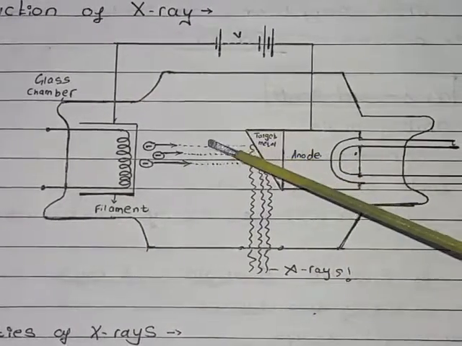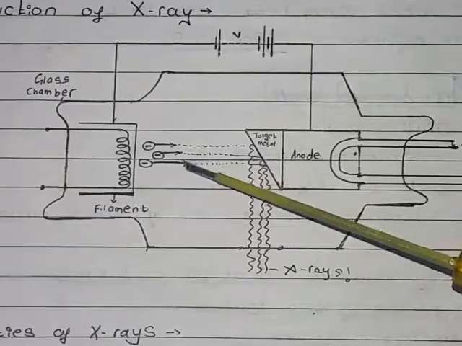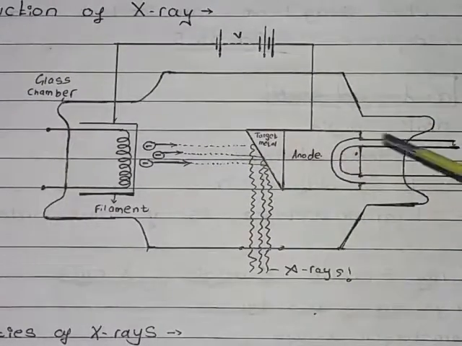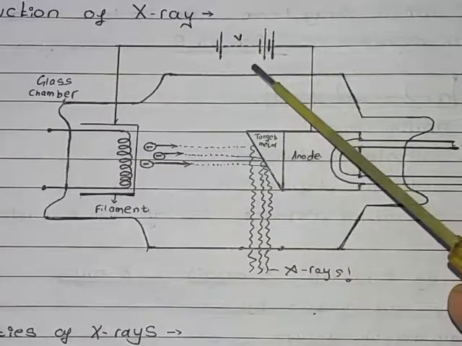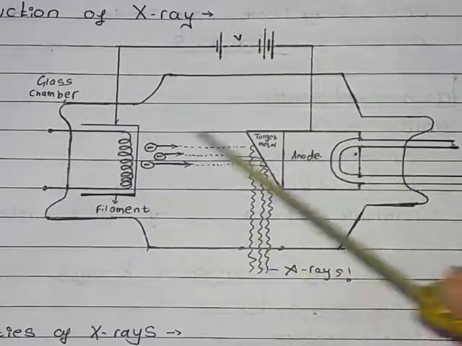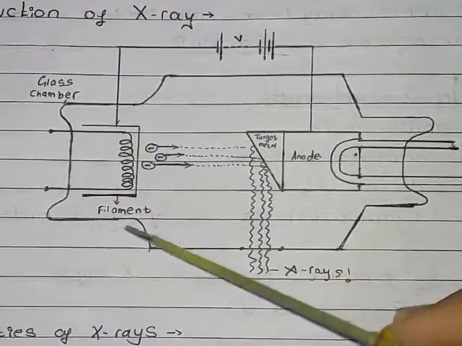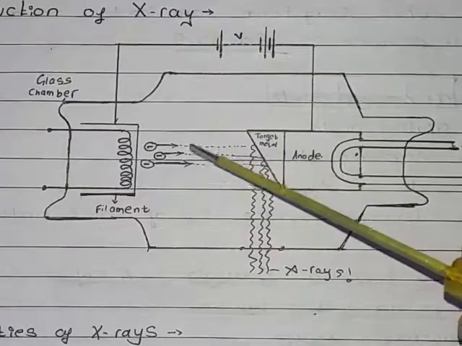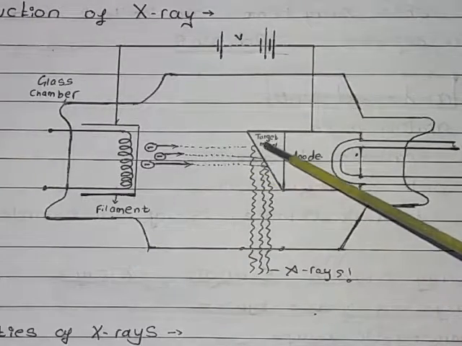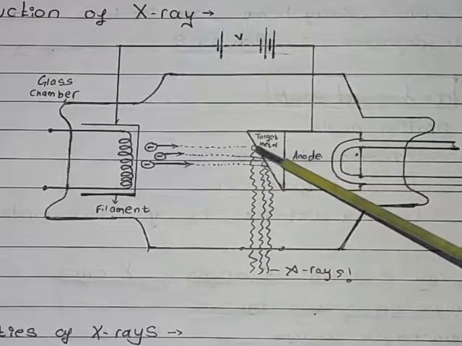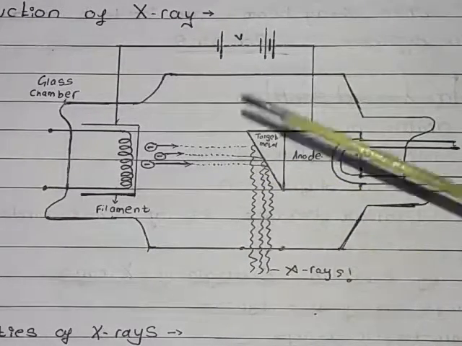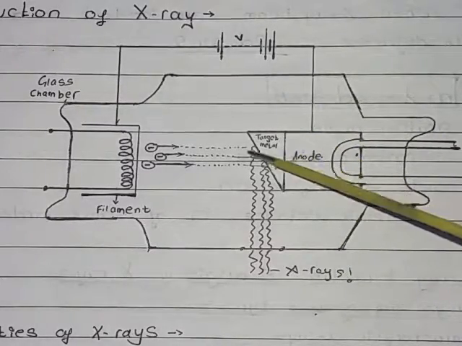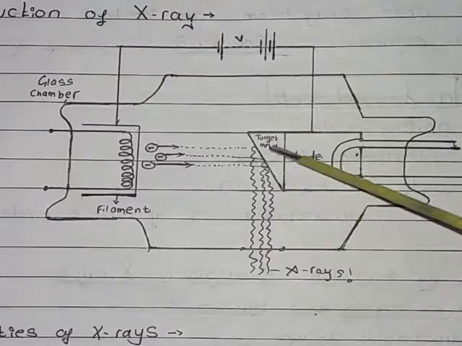As the potential difference of the electrons is very high, the heat becomes very high, and thus water is used as coolant. Of course, the electricity is passed through this. The intensity must be very high because the electrons are at a very high velocity, and as they are at very high velocity, some electromagnetic waves are let out from this target metal, and this is nothing but X-rays.